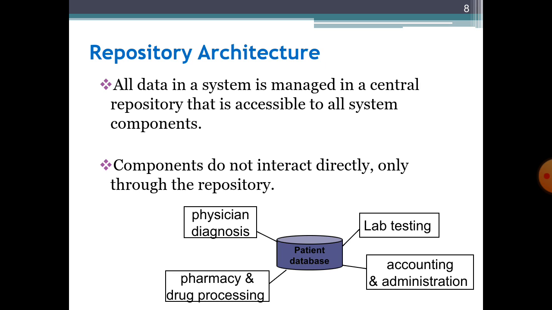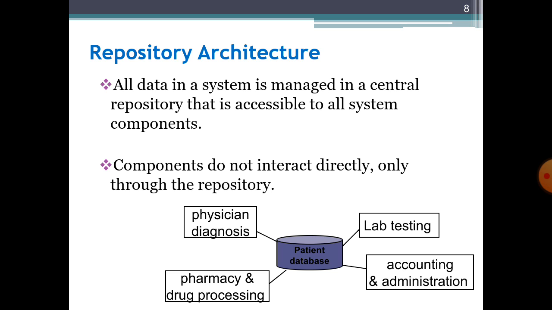For example, if lab testing wants to communicate with physician diagnosis, the lab testing component will communicate with physician diagnosis via the shared repository or data store, which is a patient database system. So these components are always communicating via the data store.